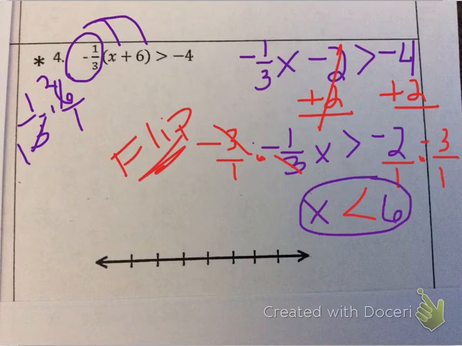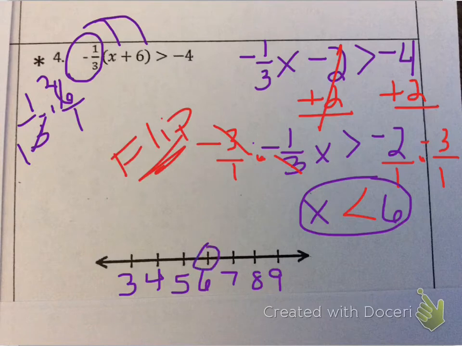X is less than 6. It's less than 6, so that's an open circle, and everything that is less than 6 is this way. And there's your answer there.